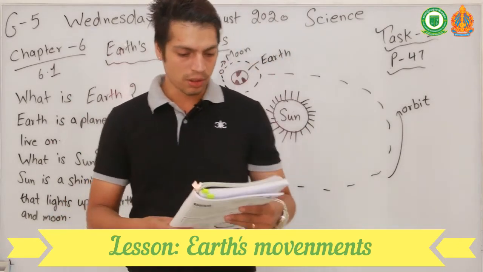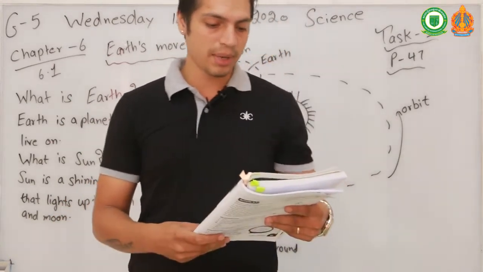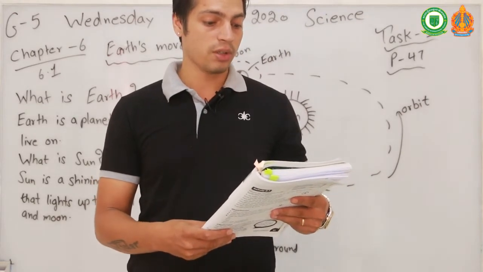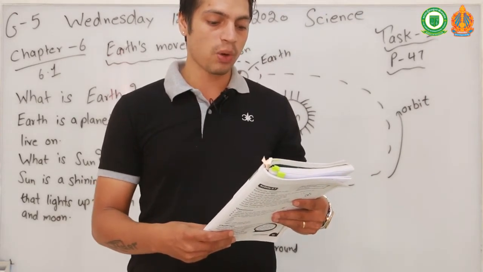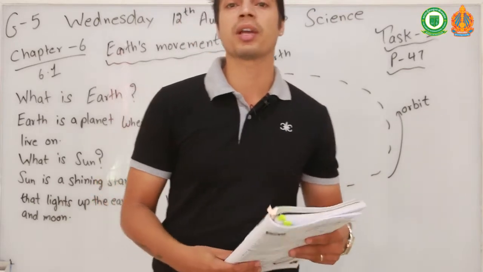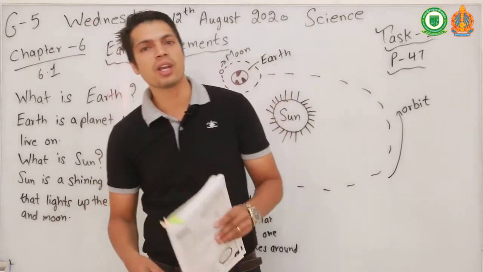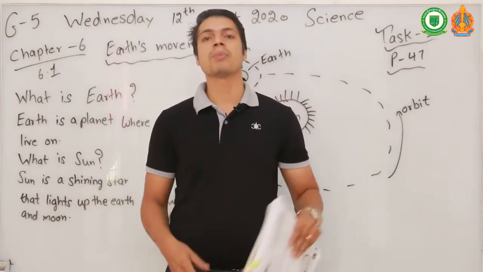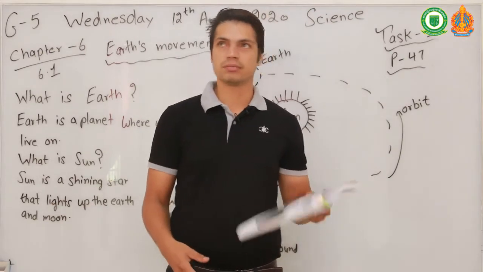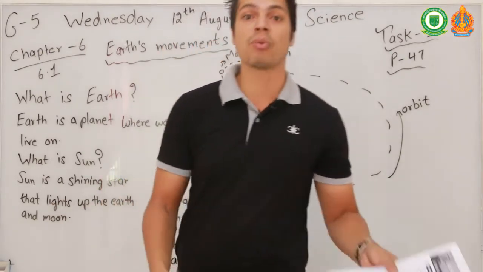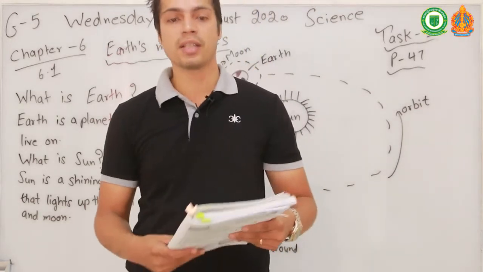Spacecraft Galileo took this image of the earth and the moon on its way to explore the planet Jupiter. In our solar system we have 8 planets, and in this term we will learn about all 8 planets.